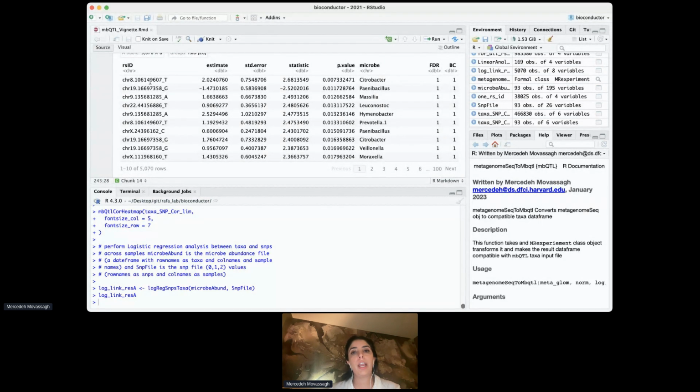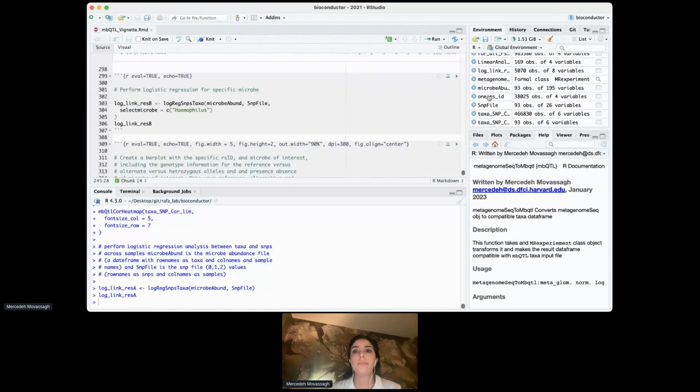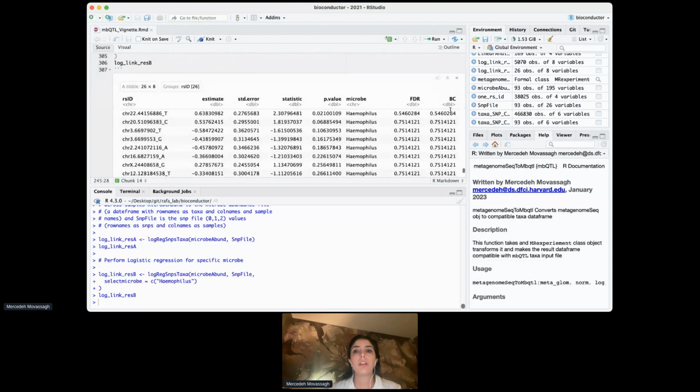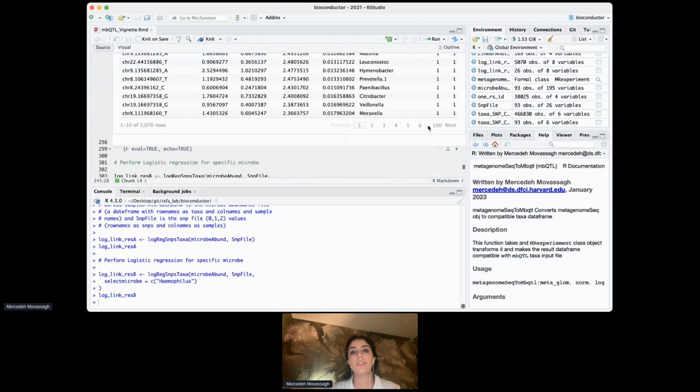Yeah, so you could look at a relationship of taxa with SNPs with various microbes in this case, or pathogens. And we calculate p-value and FDR. We also do Bonferroni correction. Yeah, I have just two of these.